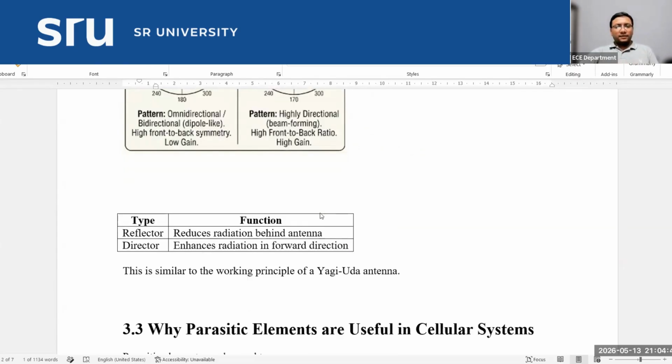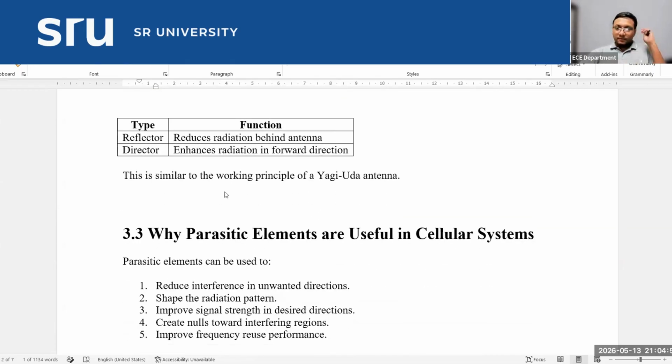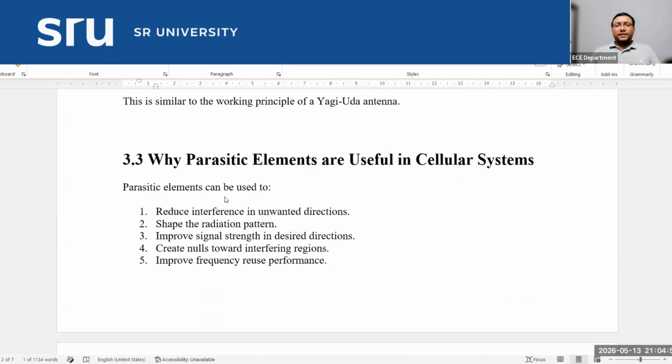Now if I come to the next part, why parasitic elements are useful in cellular communication. Parasitic elements reduce interference in unwanted directions.